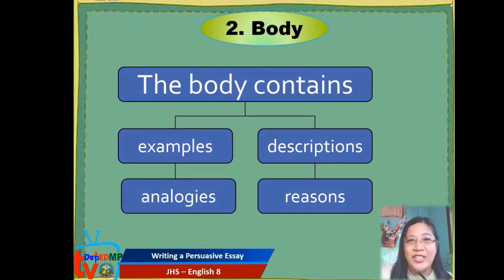So how do you present your ideas in the body? You can use examples or descriptions to make your point, and analogies or comparisons for emphasis. Since we are writing a persuasive essay, we are going to make use mostly of reasons. Based on your outlines, you need to write 3 paragraphs explaining your 3 arguments to support your thesis statement.